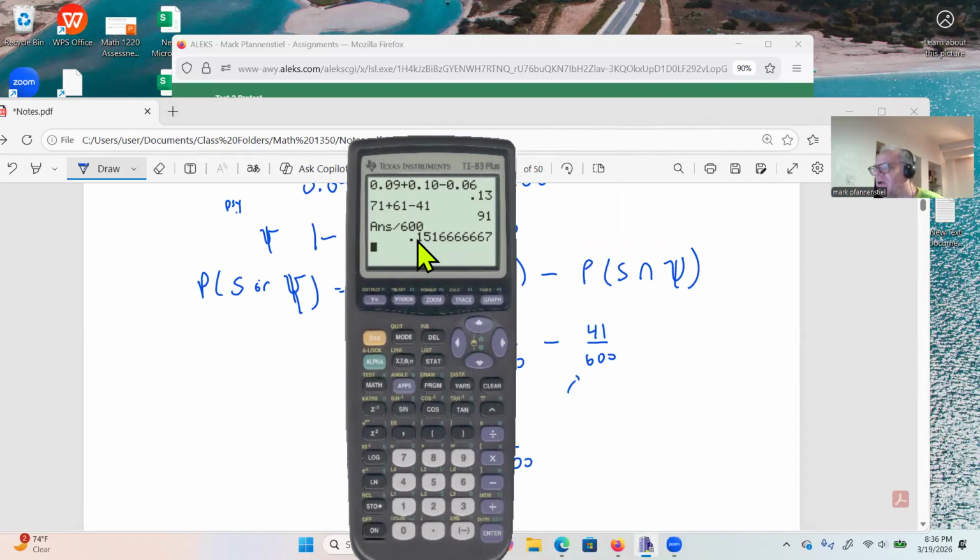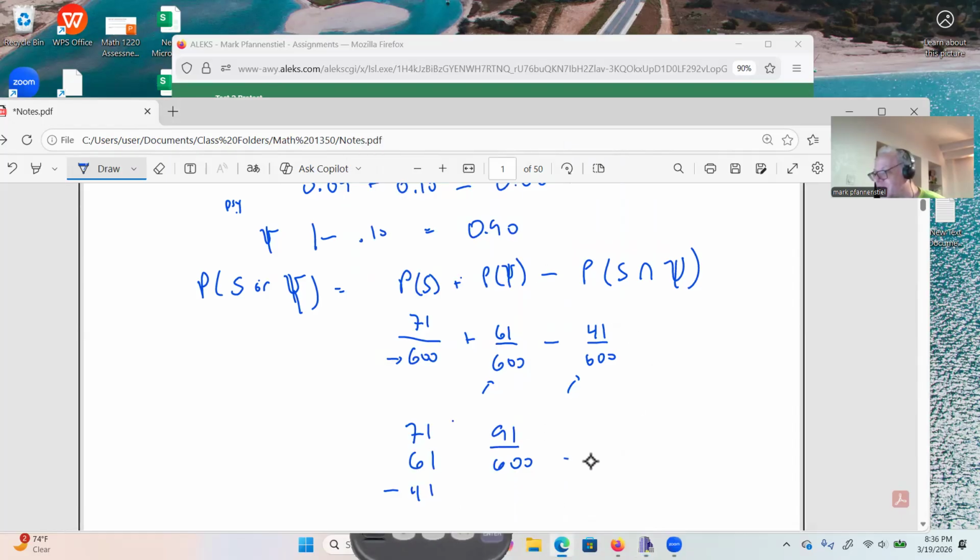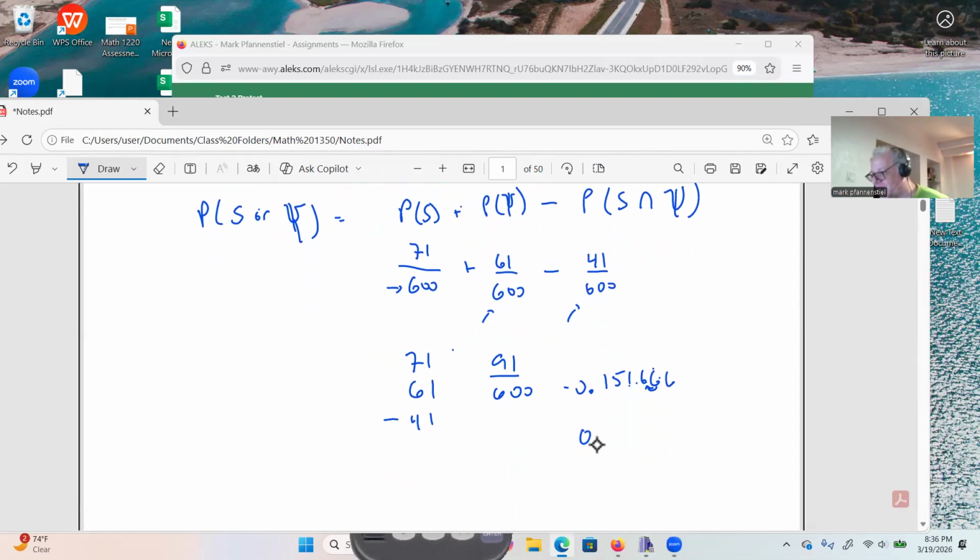That's 0.15166667, so 0.1516 repeating. Counting 1, 2, 3, 4, we round up because the next digit is a 6. So we end up with 0.1517. That's my answer for this one.